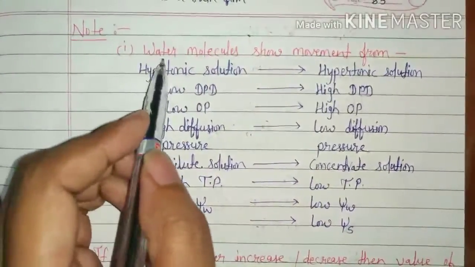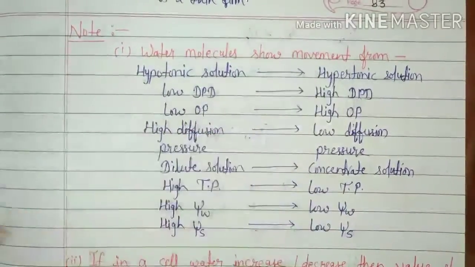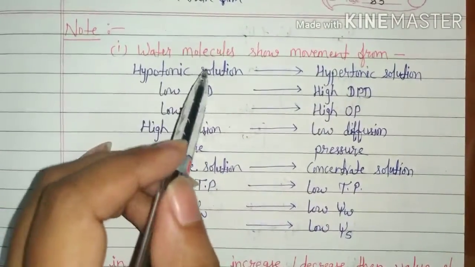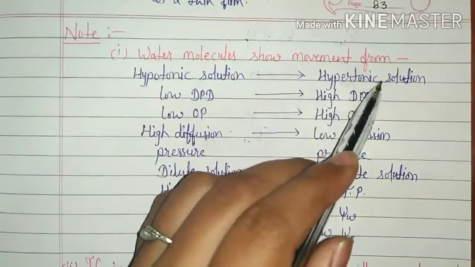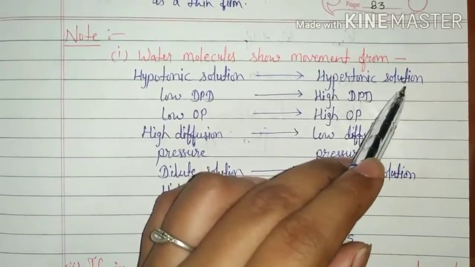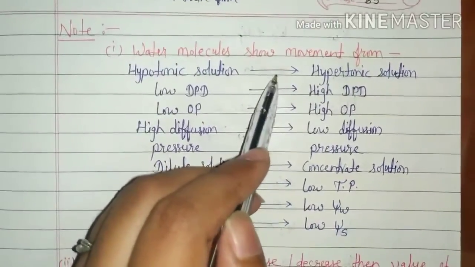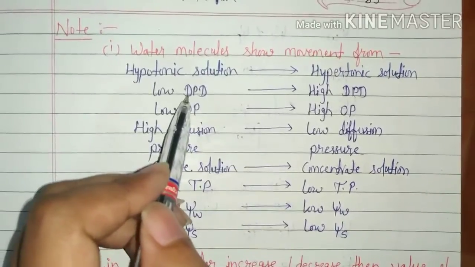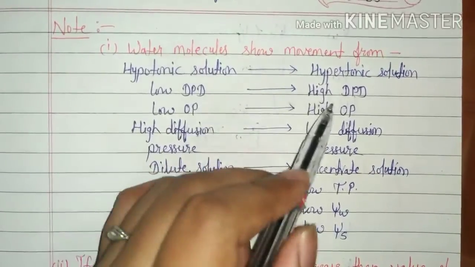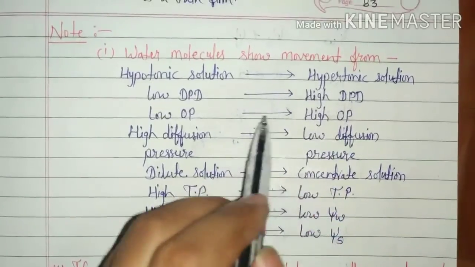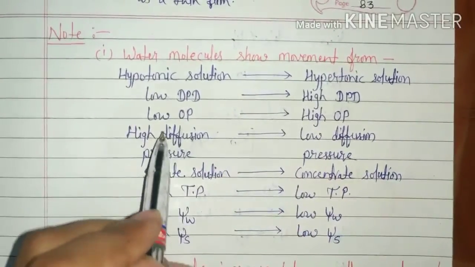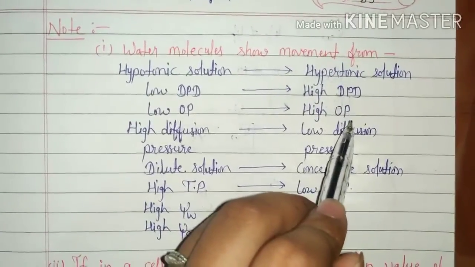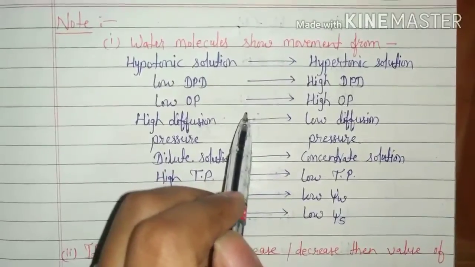Note: water molecules move from hypotonic solution to hypertonic solution through a semi-permeable membrane. Second condition: low diffusion pressure deficit to high diffusion pressure deficit through a semi-permeable membrane. Third, low osmotic pressure to high osmotic pressure through a semi-permeable membrane.